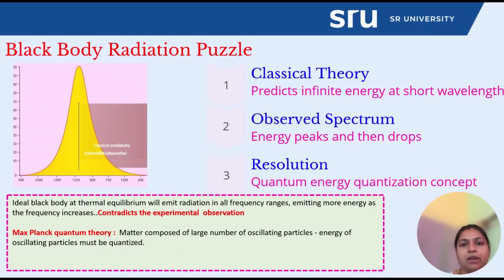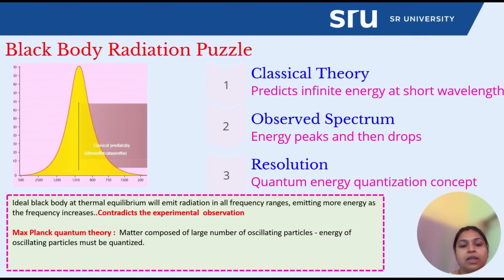So an ideal black body at thermal equilibrium will emit radiation in all frequency ranges, emitting more energy as the frequency increases. This contradicts the experimental observation.